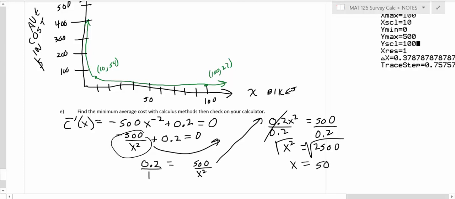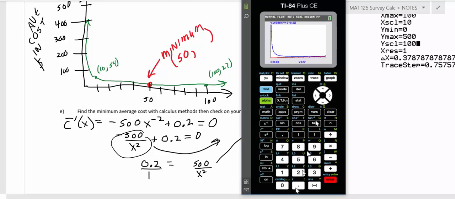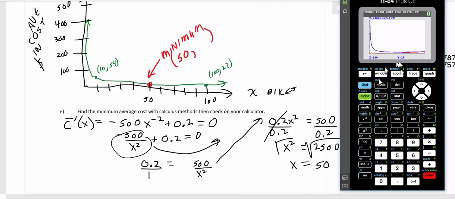So what you end up getting is when x is 50, that's where the minimum is. And you can tell by your graph that it's a minimum. So what you want to put on your graph is this number here as the minimum, and then you would trace that out. On my calculator, if I trace at 50, that should give the minimum average cost, okay?